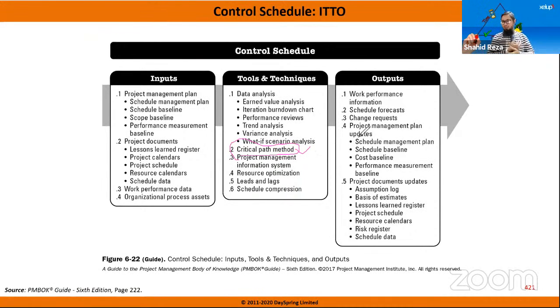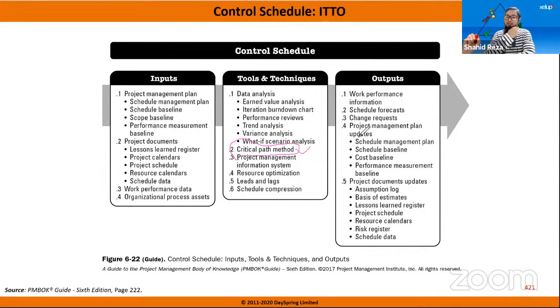One simple question: in a network diagram, is there any chance of having more than one critical path? What do you think? Yes.